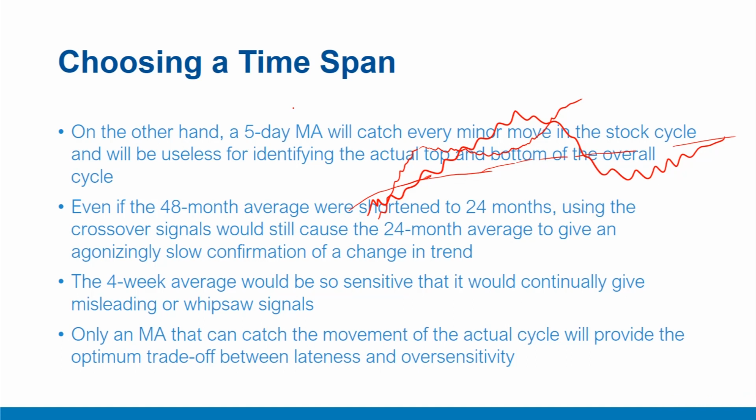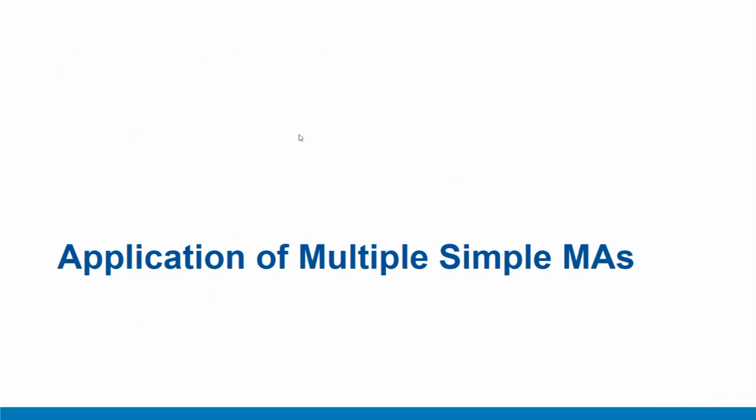Another useful feature is to use some kind of bands above and below the moving average to filter out whipsaw signals. We also noted that the selection of a period for constructing an MA is a reasonable compromise between lateness and sensitivity. An MA constructed over a very short period will fluctuate a lot and generate many whipsaw and false signals, and an MA constructed over a very long period may miss many useful signals.